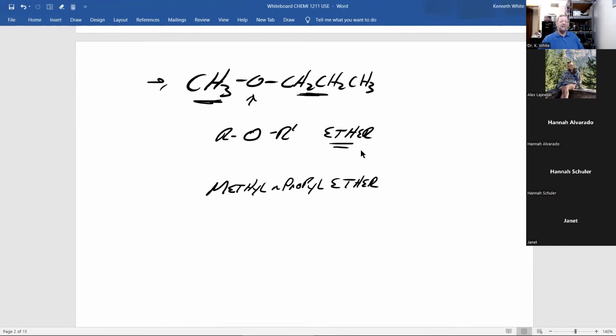Now, let me just show you quickly the IUPAC way. This is common. I will never ask on a test or a final the IUPAC way for ethers. For ethers, you find the longest chain of the two, R and R prime, and this is 3. You name it as an alkane, propane.